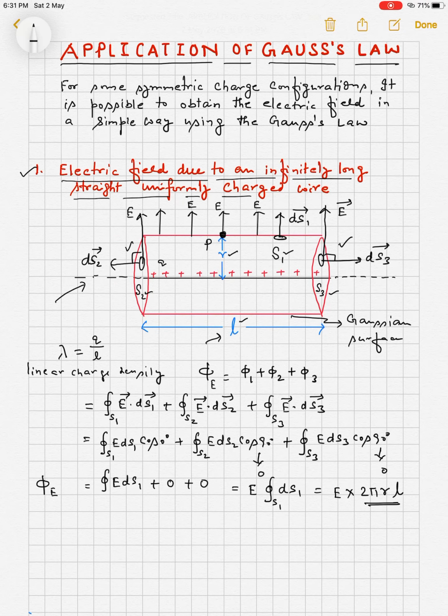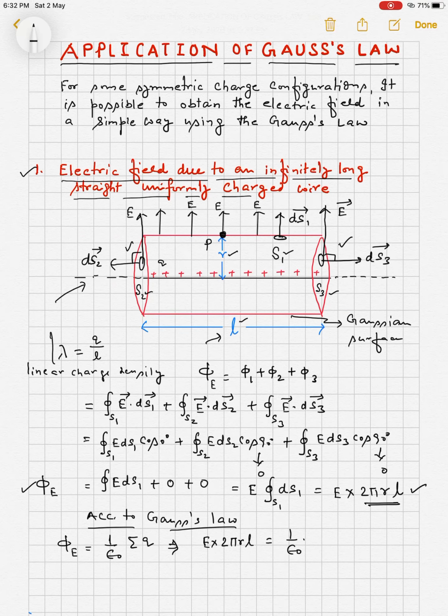Now according to Gauss theorem or Gauss law, phi E is equal to 1 upon epsilon naught times the total charge enclosed by the surface. So here E into 2 pi R L is equal to 1 upon epsilon naught times the charge enclosed.